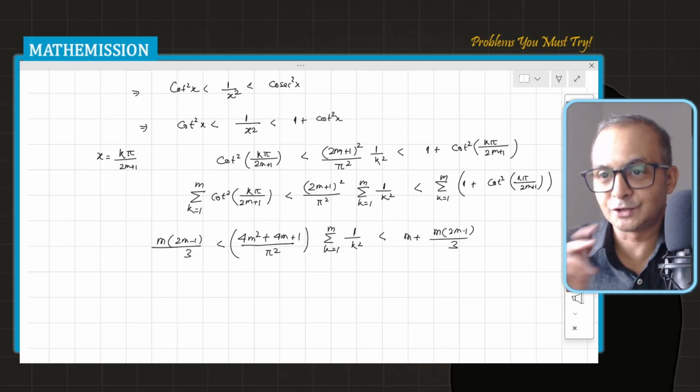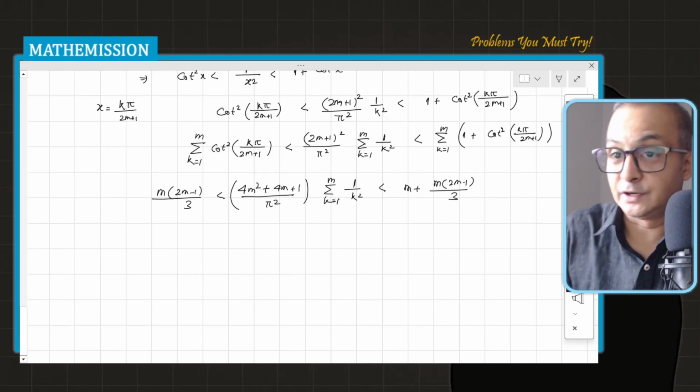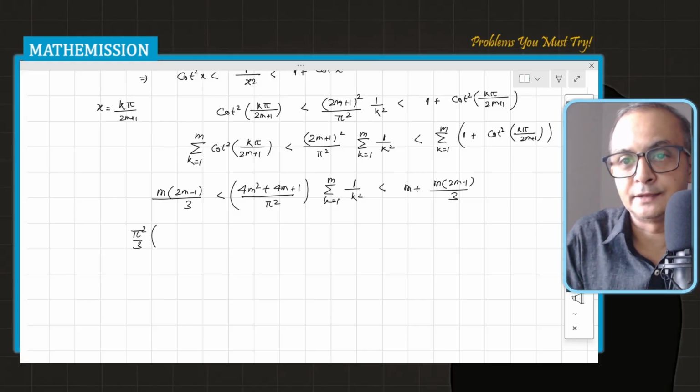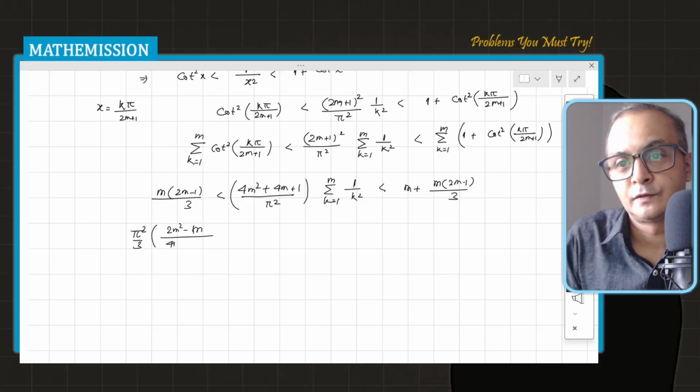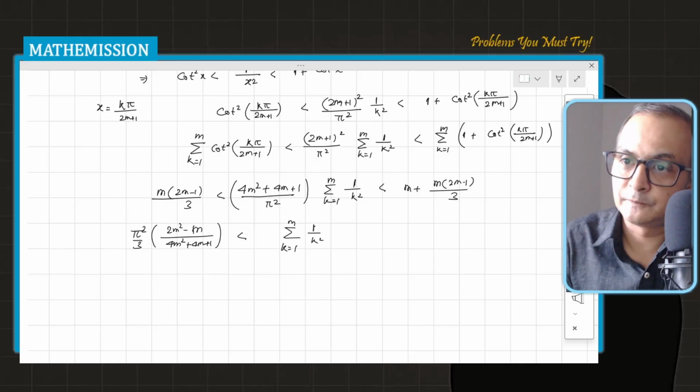So what I should do, I can divide the entire inequality by this term. So we get here pi square by 3 times 2m square minus m divided by 4m square plus 4m plus 1. And this is the same thing what I have to find out.